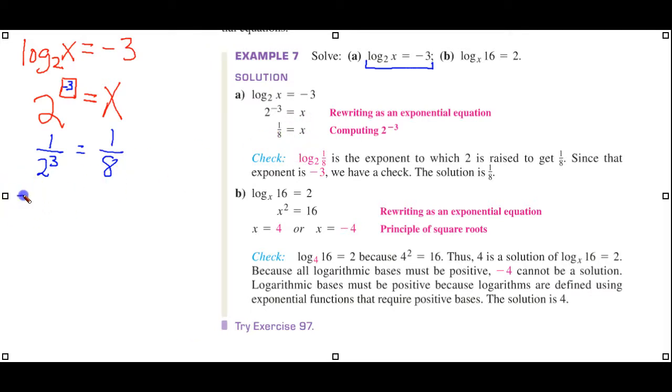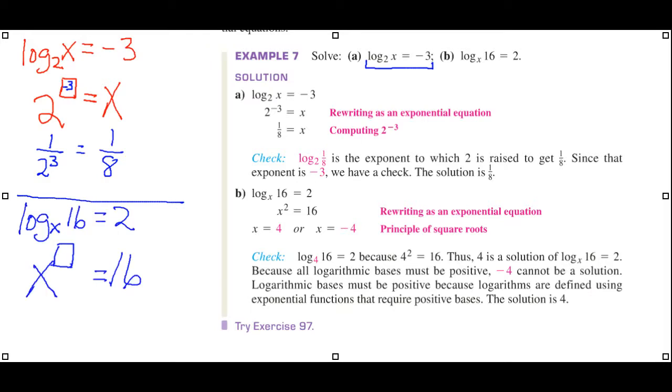And then let's do the next one. Now in this next one, again, there's our example. We know our base is x. We know our exponent is going to be a 2. And we know the result will be a 16.